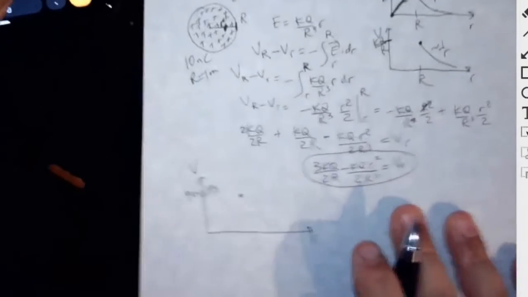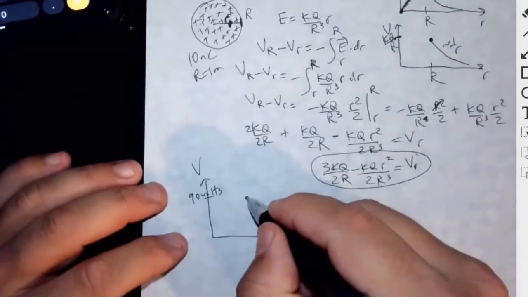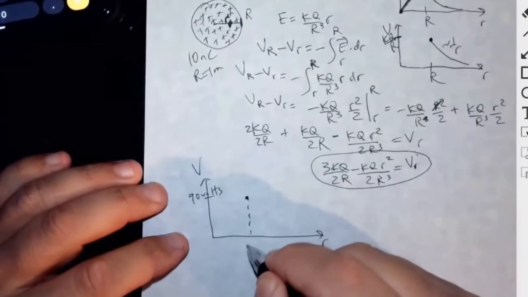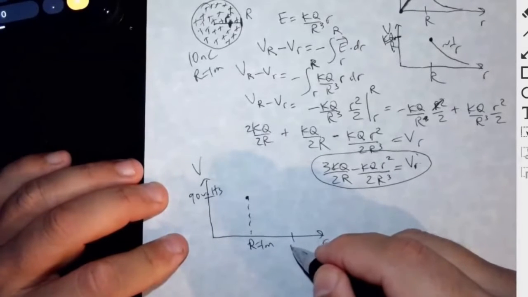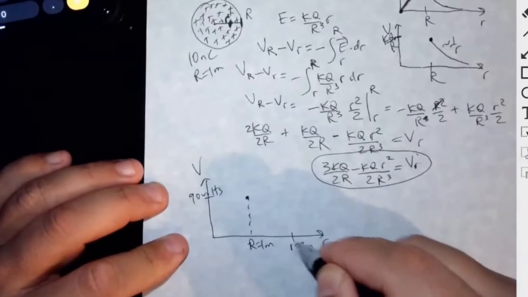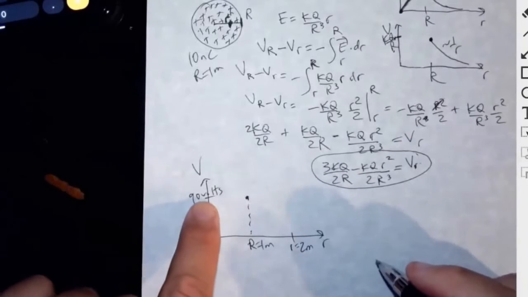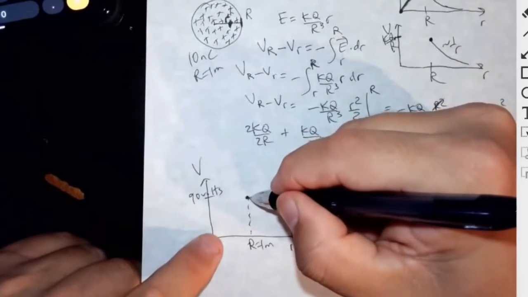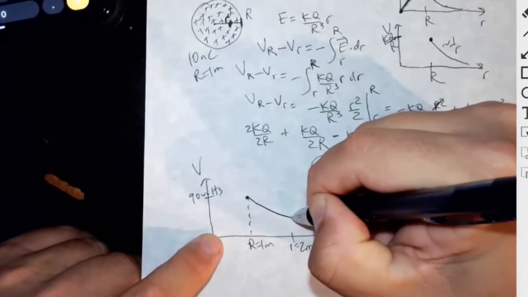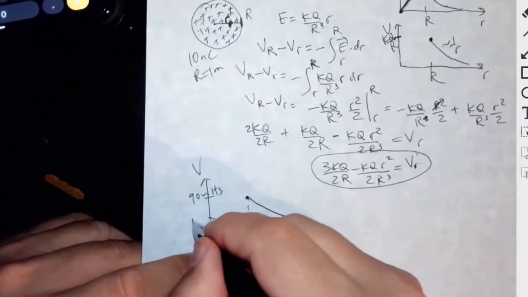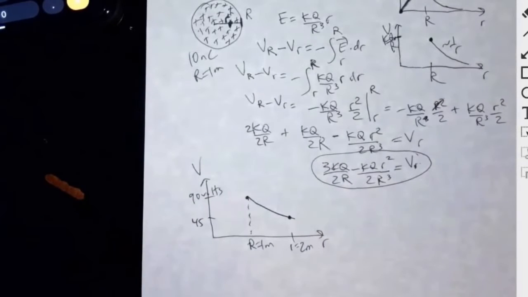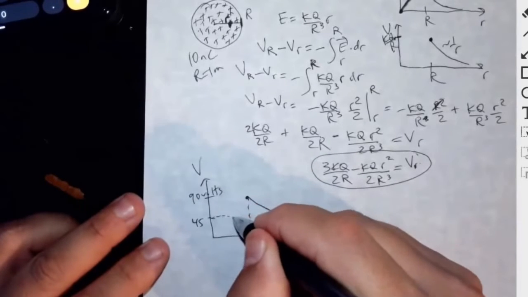Then after that, the voltage would decrease. If this is the radius of 1 meter, and then a radius of 2 meters, what would the voltage be? Since it's a 1 over r behavior, it'd be 45 volts. Graphical representation is, to me, very important to really see what is happening.